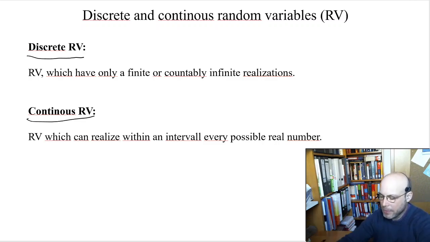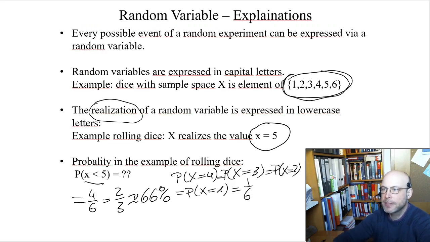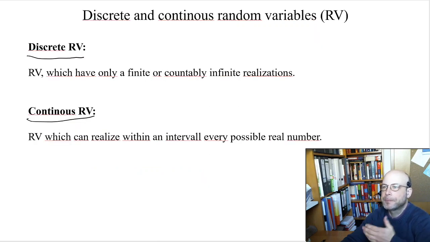Discrete random variables are something like rolling a dice, because then we have 1, 2, 3, 4, 5, 6, and this is discrete. Every event is one natural number, 1, 2, 3, 4, 5, 6.